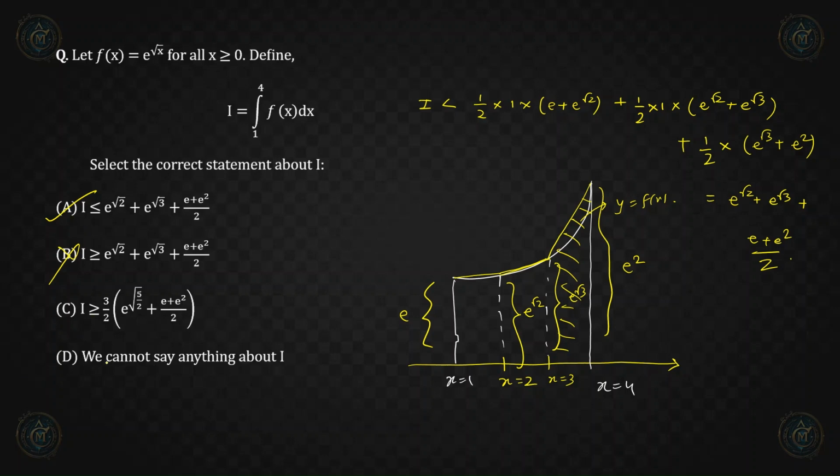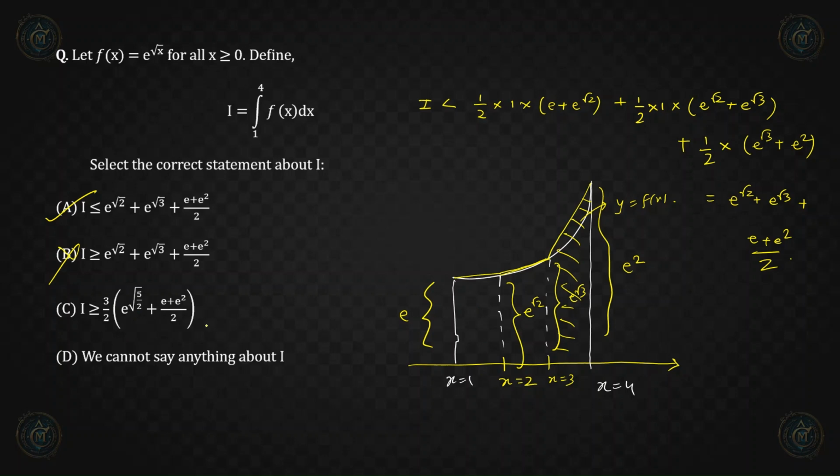But for our understanding, if we try to check this, we can see here this e to the power root under 5 by 2 value will be obtained when we choose the point x equal to 5 by 2, right? Like the previous case that we just discussed, we tried using the Riemann sum approach. Then we took x equal to 5 by 2, the midpoint of the interval 1 to 4.